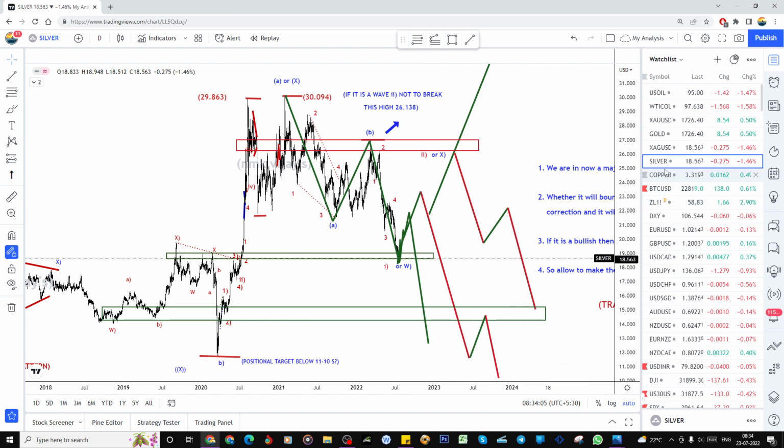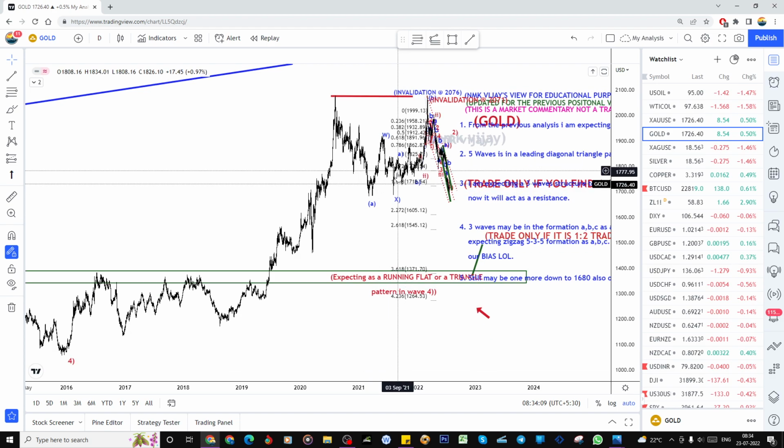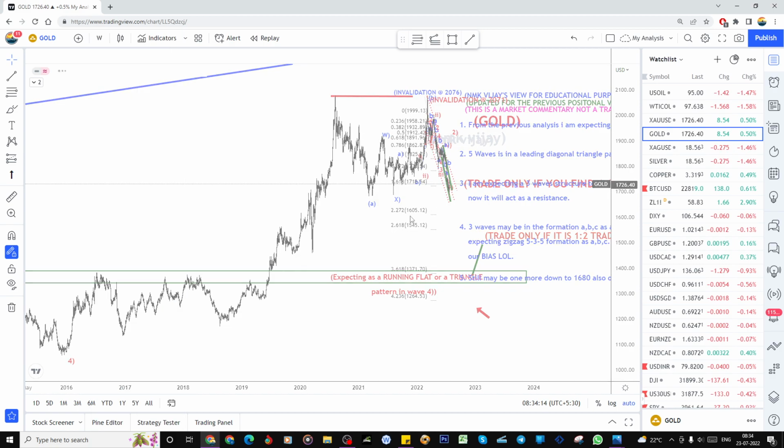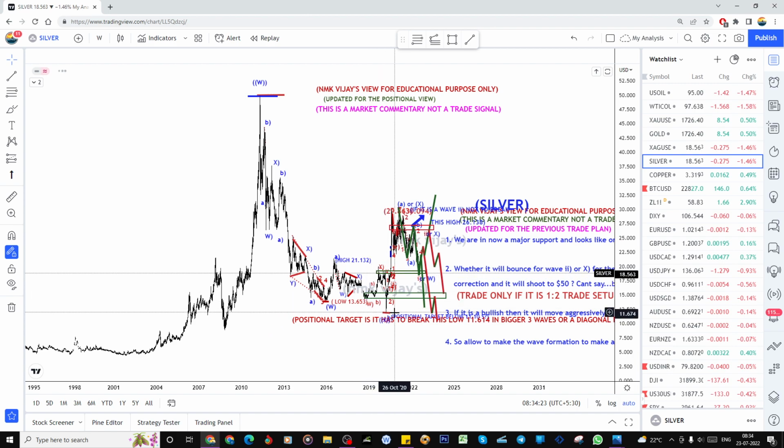That is also correlated to gold. But a lot of times when we correlate to gold, see the gold, from here it reached only 1160, right? But silver reached almost to the previous low. Look at this, it's a 20, right?